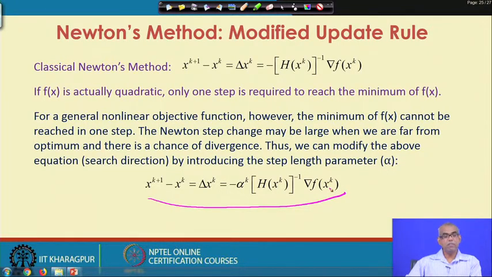The only difference between the classical Newton's update rule and this update rule is that we have added a step length parameter. This is a simple modification to the classical Newton's method, sometimes also known as modified Newton's method.